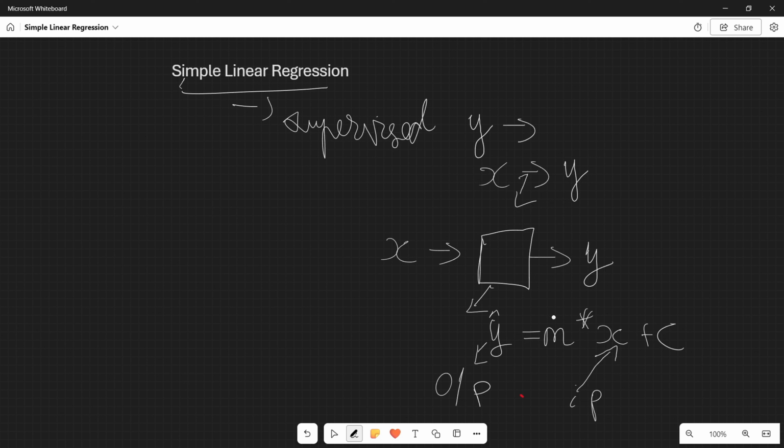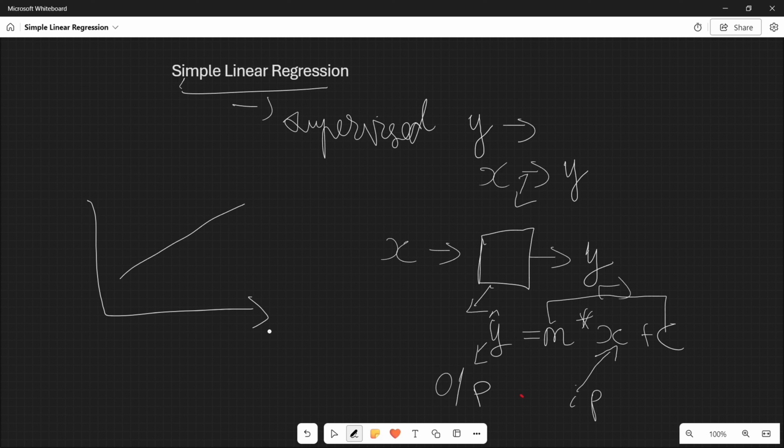Okay, so what do m and c denote? These two, m and c, are a crucial part of simple linear regression to predict the output y from the input x. So let's get the intuition of m and c. Consider a simple coordinate system of x and y, and here we have a line.